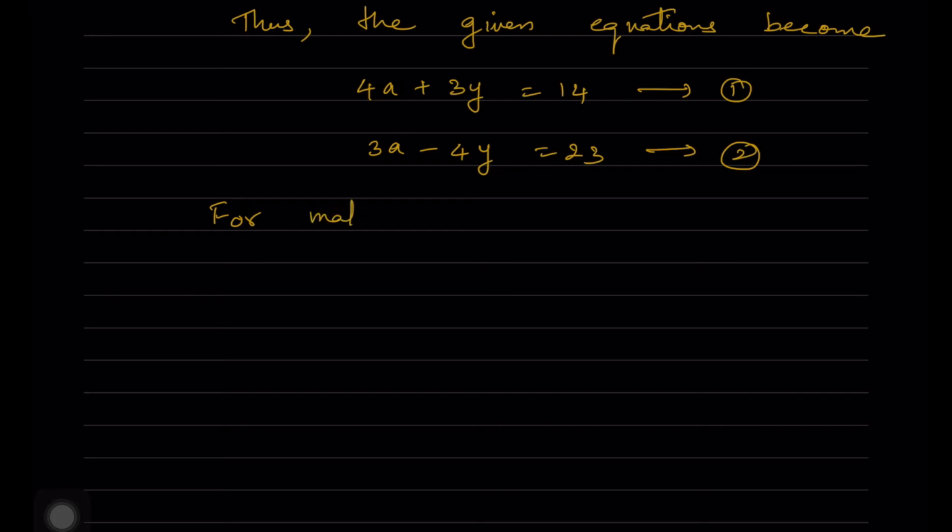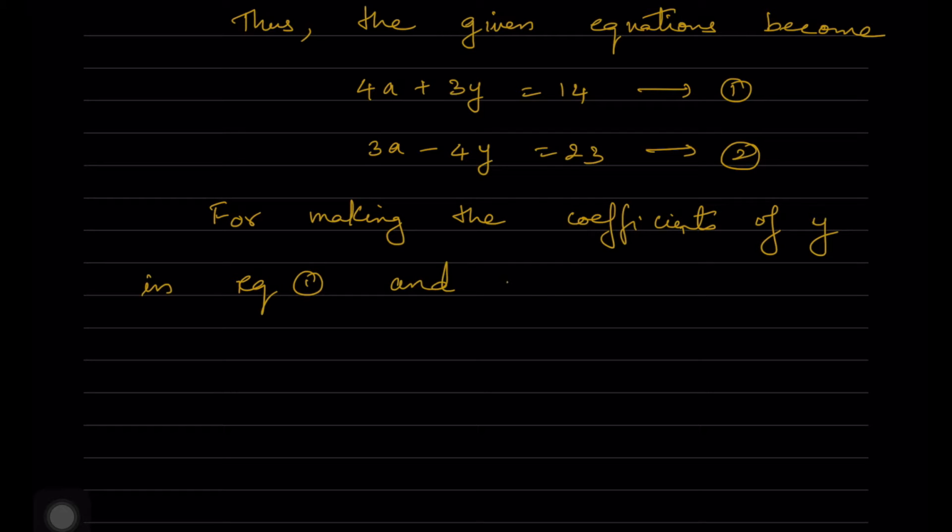So now we can use the elimination method or the substitution method. I am using the elimination method. For making the coefficients of y equal in both the equations, what do we do here? We multiply equation 1 by 4 and equation 2 by 3.